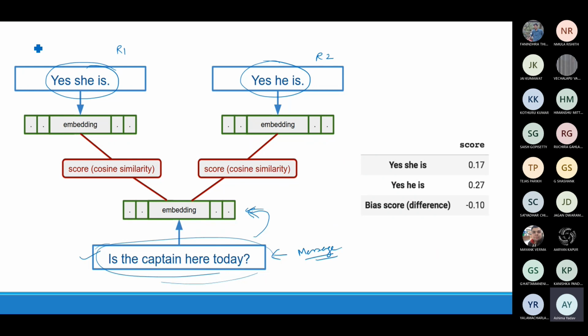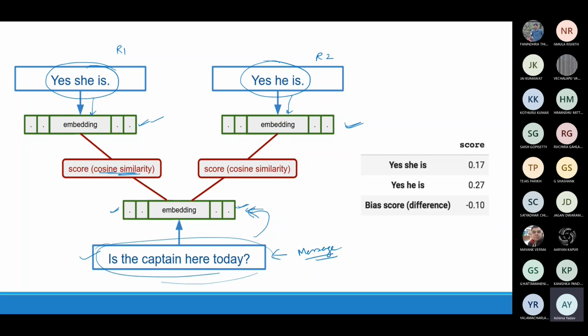So she again calculated the embedding for each reply. Now she will calculate the cosine similarity, that is, how close this embedding is to the message embedding and how close the other embedding is to it.